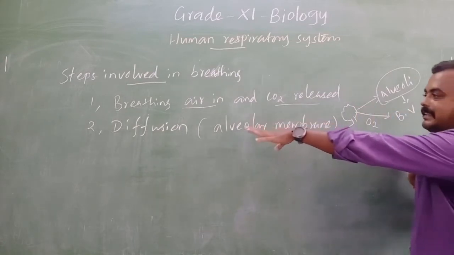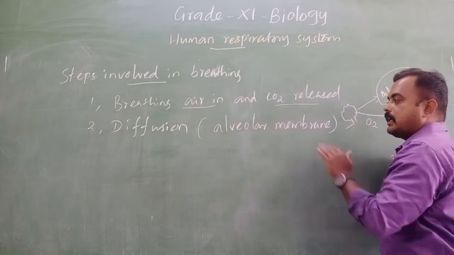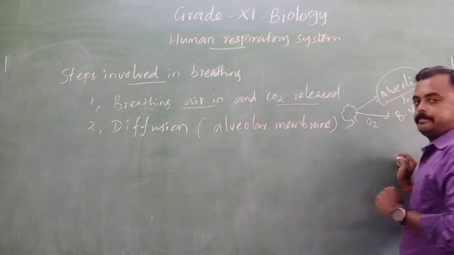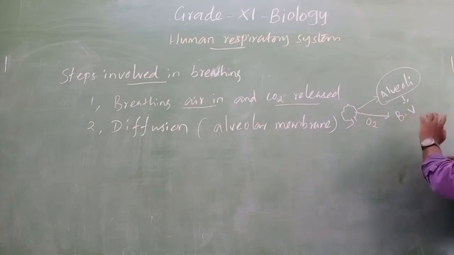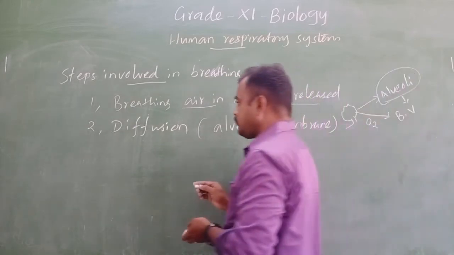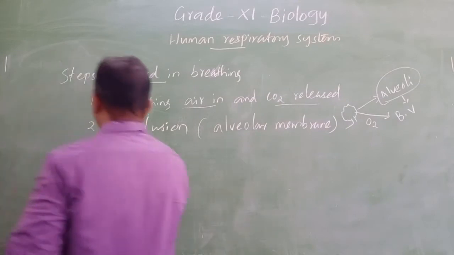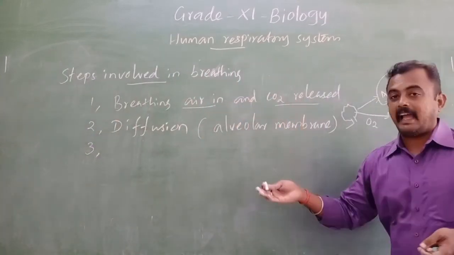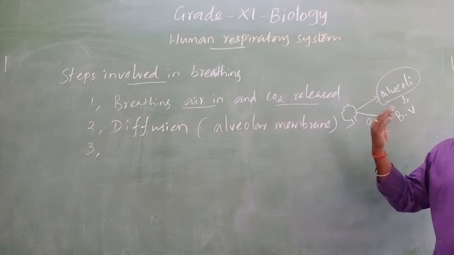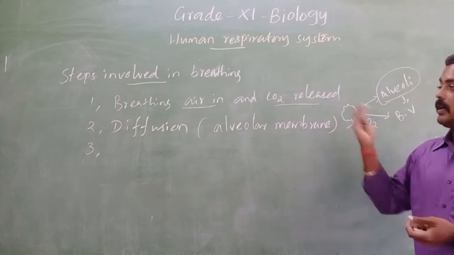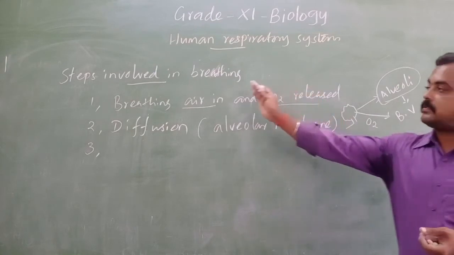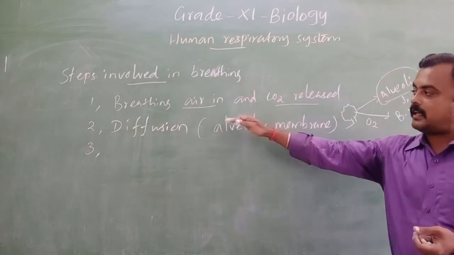So the next step is diffusion in the alveolar membrane. Oxygen has entered the blood vessel. So first, breathing air in and releasing carbon dioxide. The air goes inside, then diffusion has happened.